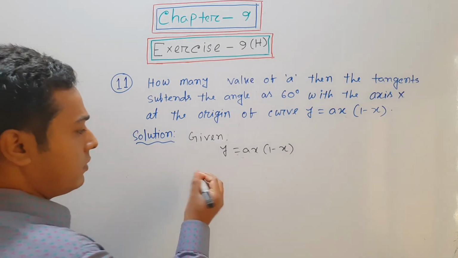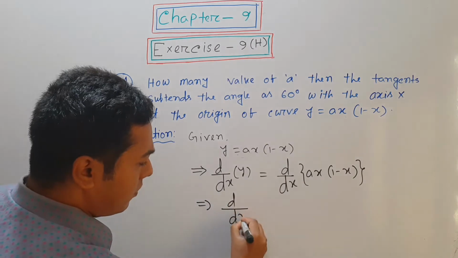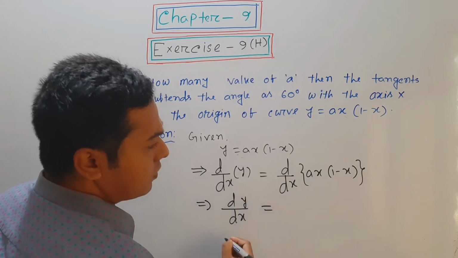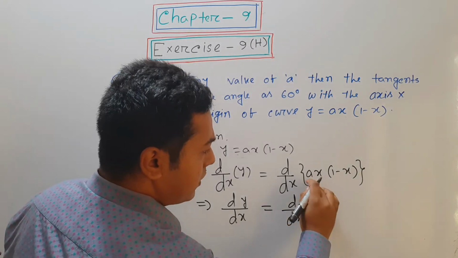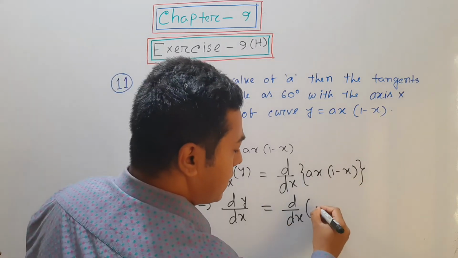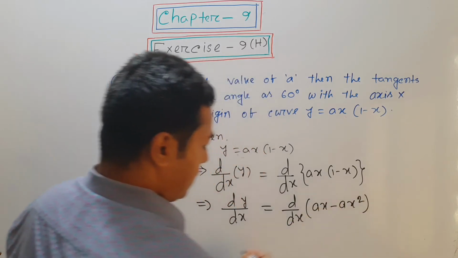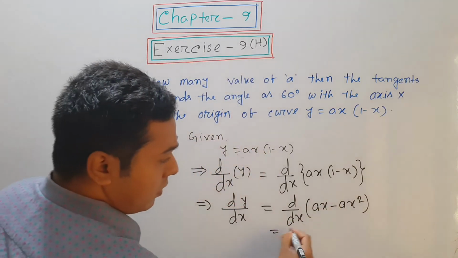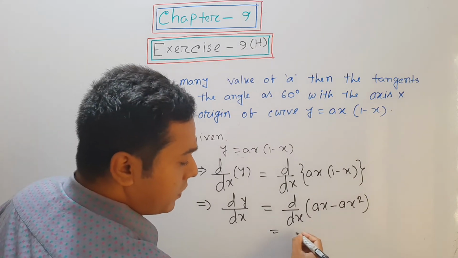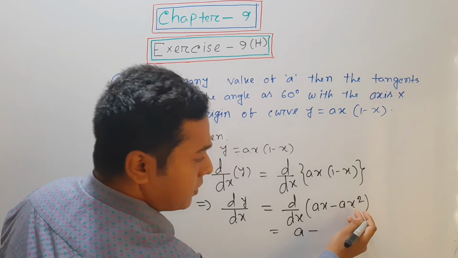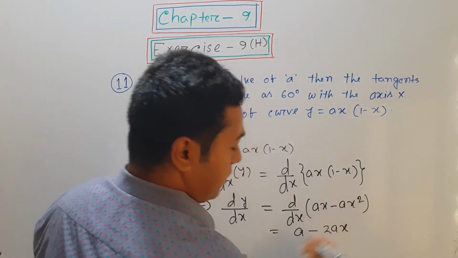Then we can write d/dx of y is equal to d/dx of the multiplication, ax minus ax square. So d/dx of ax is equal to a, and d/dx of ax square is equal to 2ax.